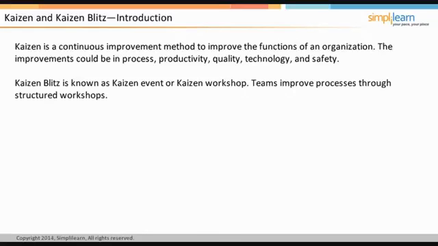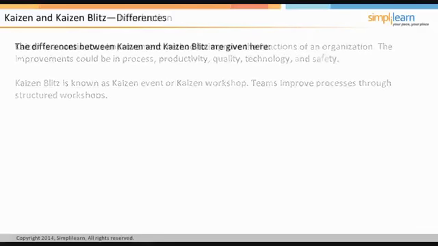If the event is tightly defined and the scope is evident for implementation, processes can be easily changed and improved. Teams could improve processes through creative problem-solving methods in structured workshops over a short time scale. The next screen will provide the differences between Kaizen and Kaizen Blitz.